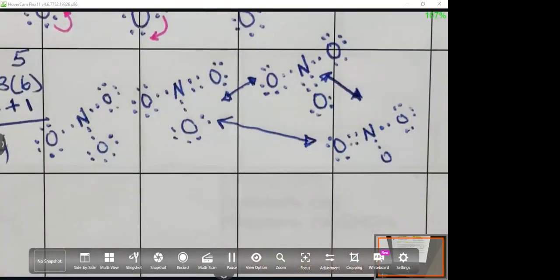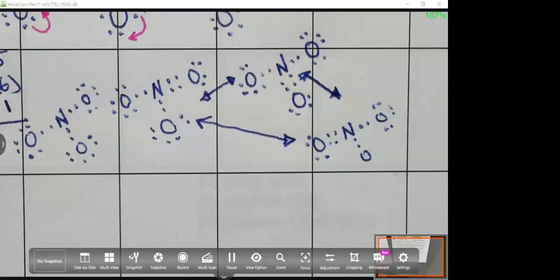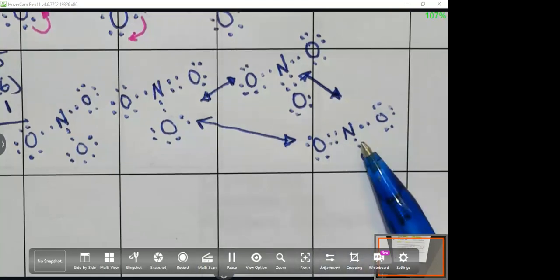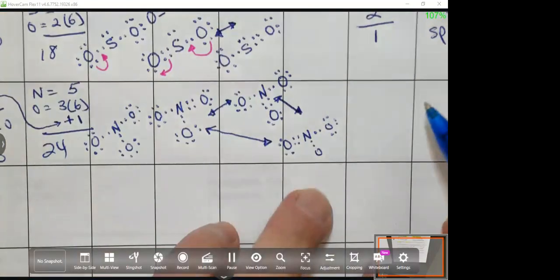If this can flip back and forth, there's all my possibilities, right? In my double bonds in all three possibilities, right? So those are my three resonance structures, three possibilities. We do that because we know the bond angles are exactly the same. How many bonding domains do I have?